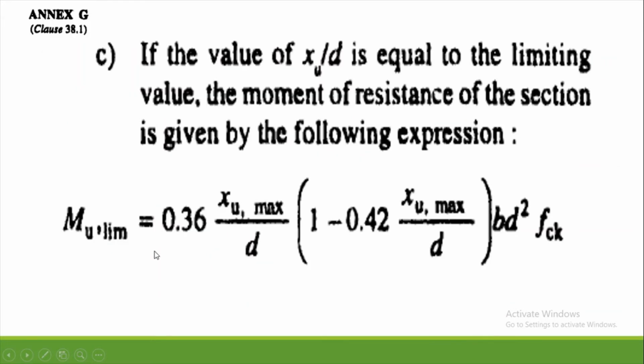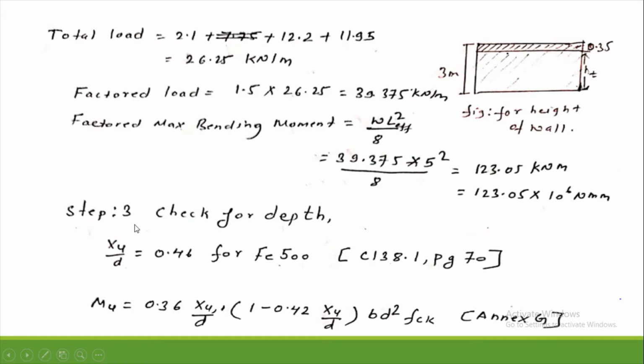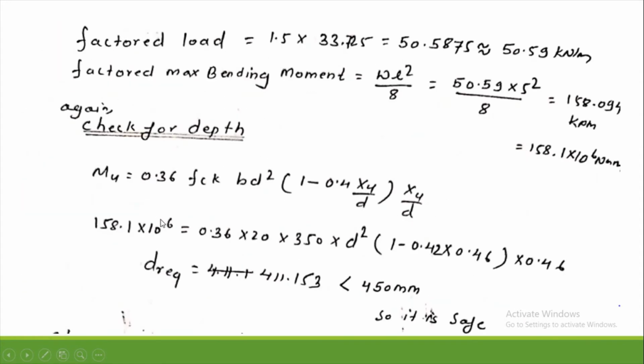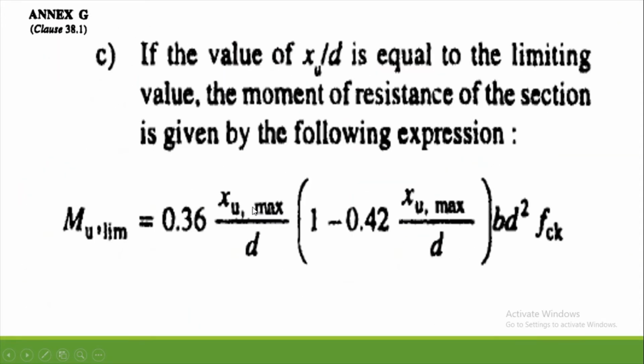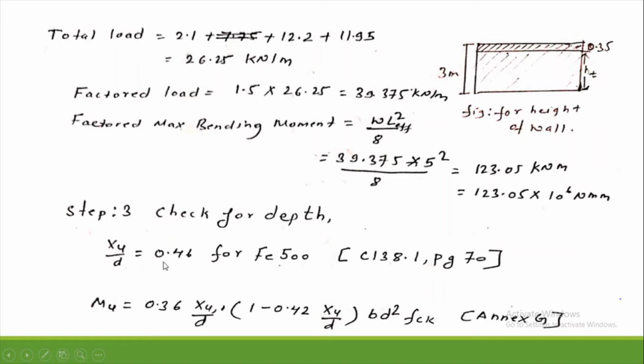Because if you go here, Annex G 8.c, if the value of XU by D is equal to the limiting value, this value, then only we can use this formula. That's why I'm directly taking XU by D as the limiting value. Actually this is the limiting value of XU by D. I'm directly taking this value, so I'm using this formula also.